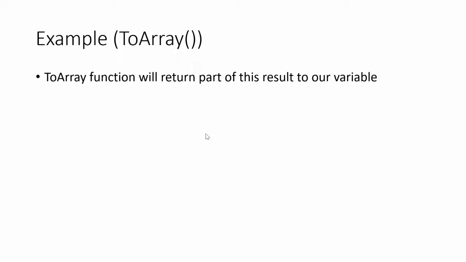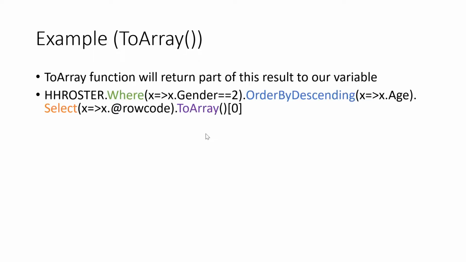Now, our final function is called toArray, and what this one is going to do is return just the occurrence that we want. So we add it on the end here. It looks like this: toArray, open close parenthesis, and then we have the square brackets here, and inside is the position in the array that we want to return.